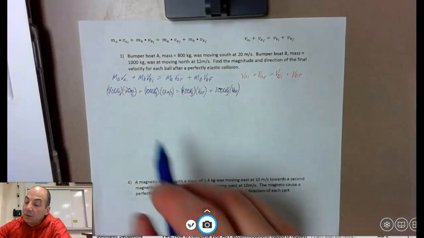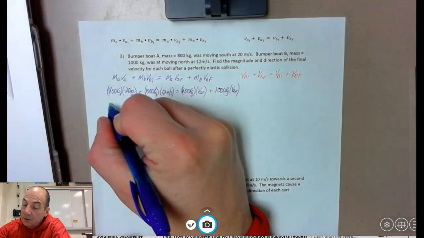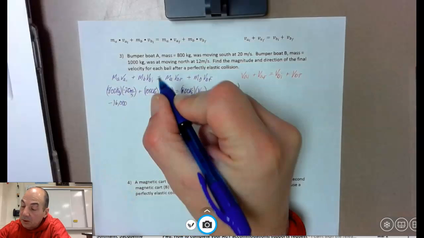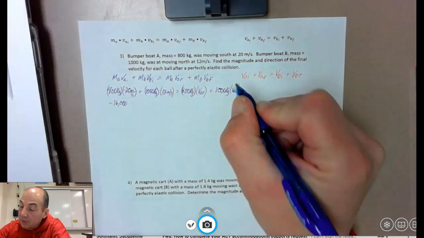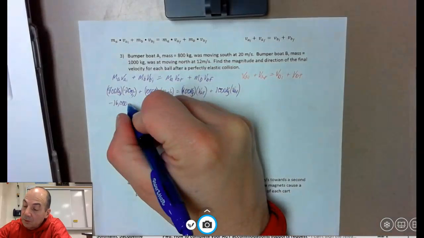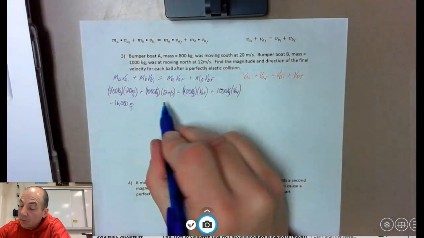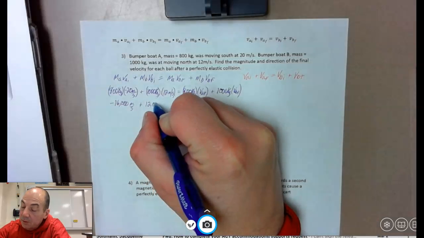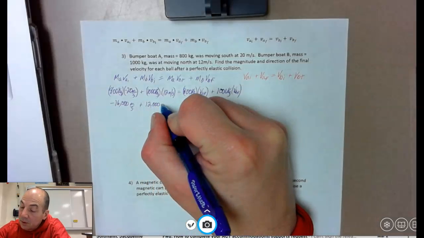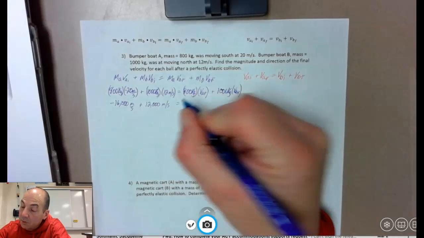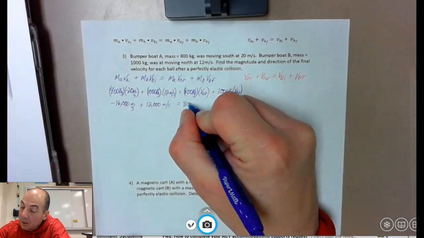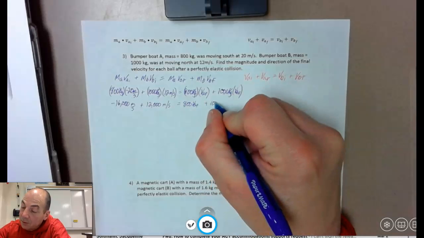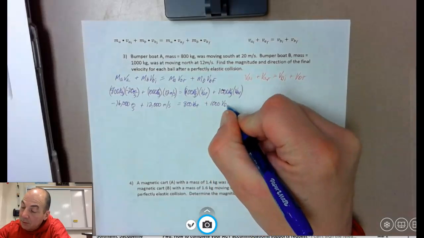Okay, so let's see, we got negative 16,000. Again, I'm gonna just cancel out all my kilograms. So this will be meters per second, and this would be positive 12,000 meters per second equals 800 VAF plus 1,000 VBF.